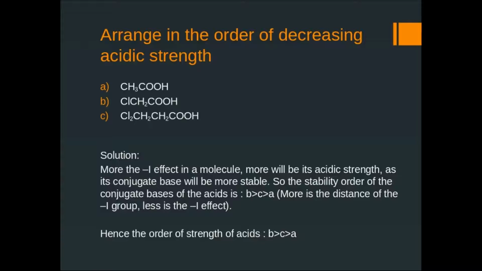So as the inductive effect decreases over distance, the negative charge distribution is less compared to that of chloroacetic acid, where the distribution is more, and so B has higher acidity than C. And obviously after that A will have the least, because there is no inductive effect or a very negligible one, so the stabilization is not to that great an extent, and oxygen is reluctant to release the hydrogen ion.